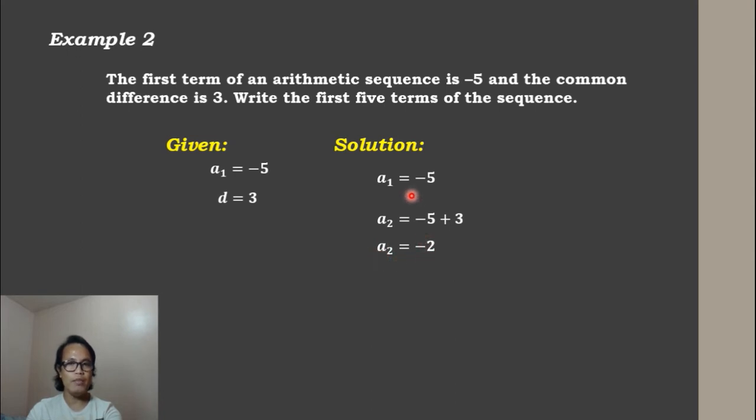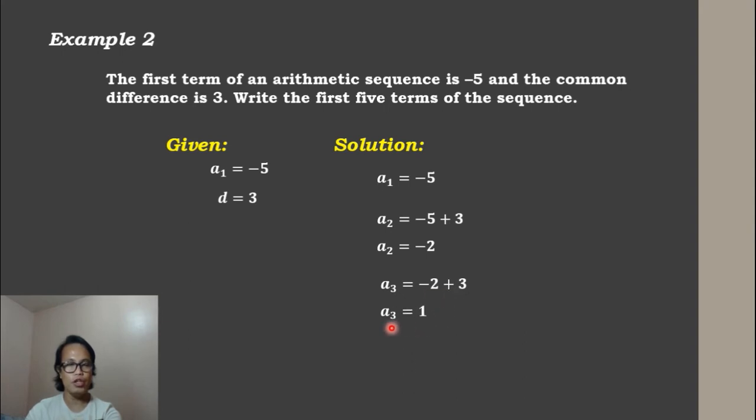So we now have the first term and the second term. Let's proceed to find the third term. Since our second term is negative 2, to find the third term, which is a sub 3, we just simply add the second term, which is negative 2, plus the common difference, which is 3. So negative 2 plus 3 is positive 1.